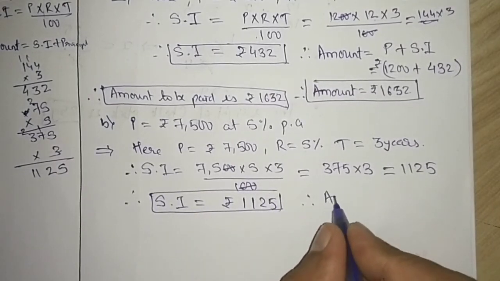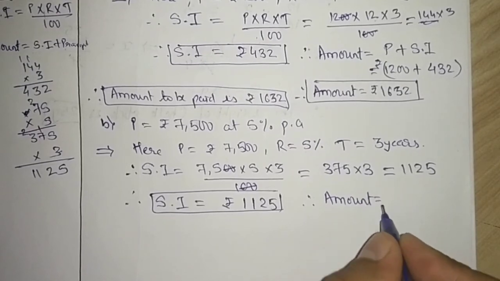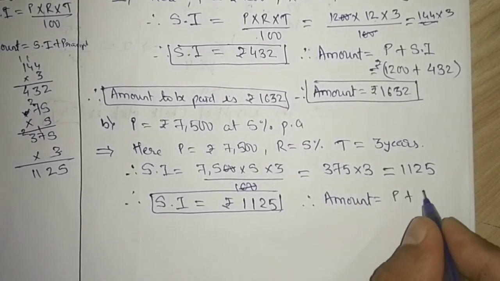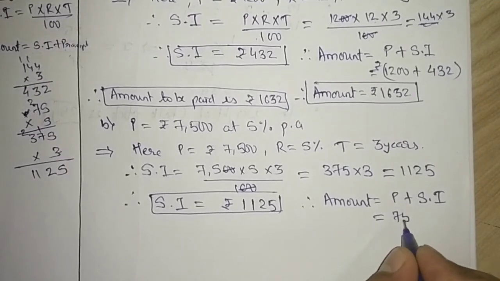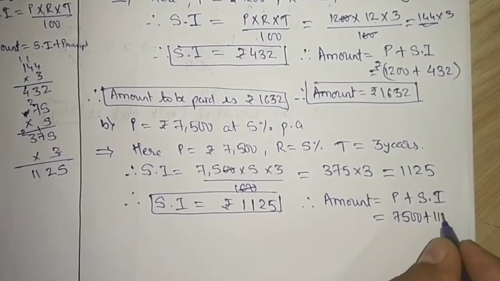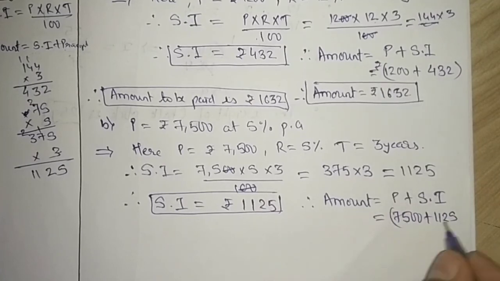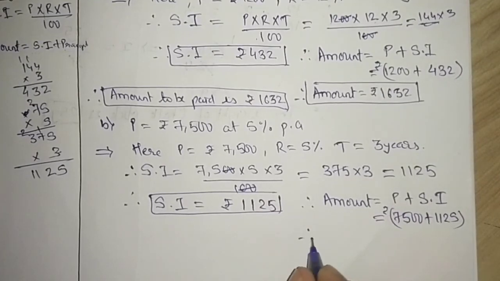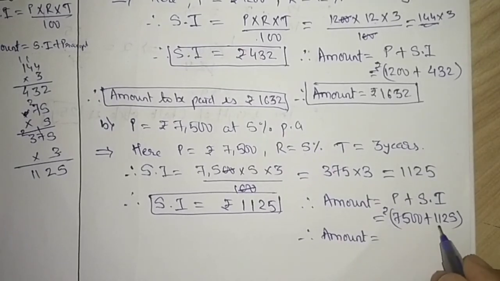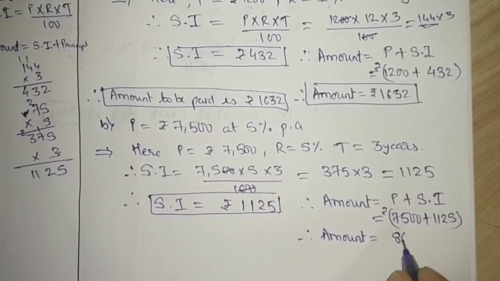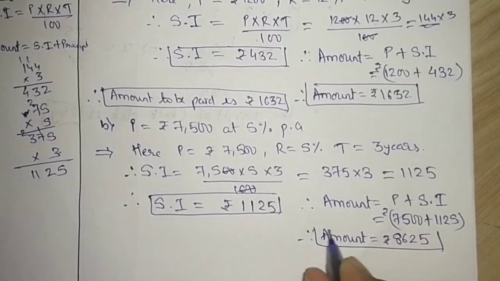Therefore, amount is equal to principal plus simple interest. Principal is 7500 plus 1125 rupees. So total amount will be 7500 plus 1000, 8500 plus 100, 8625. 8625 will be your amount.